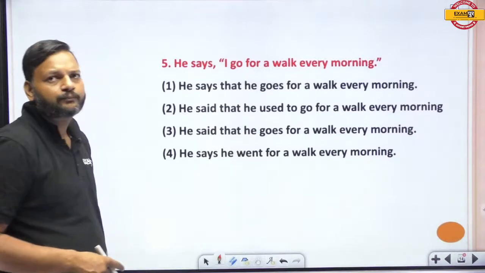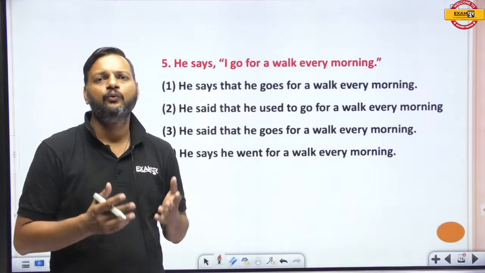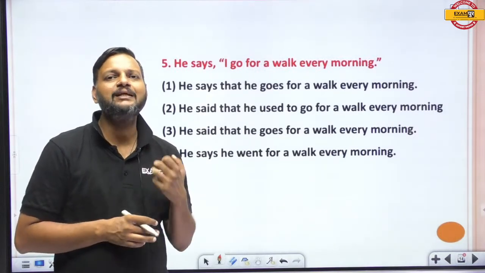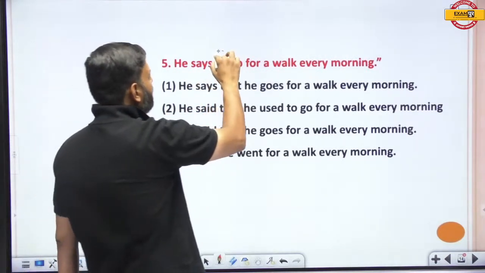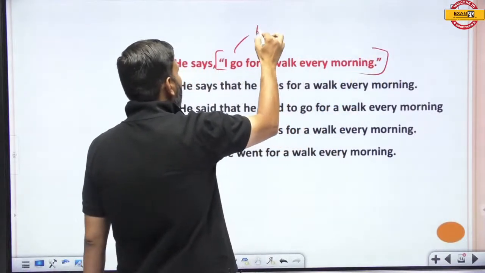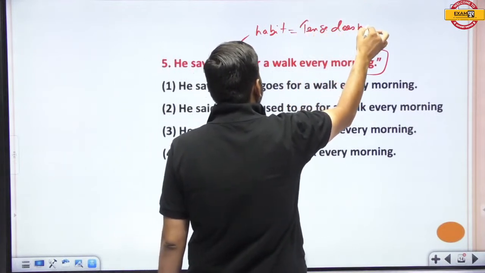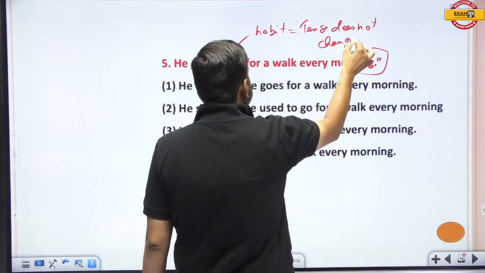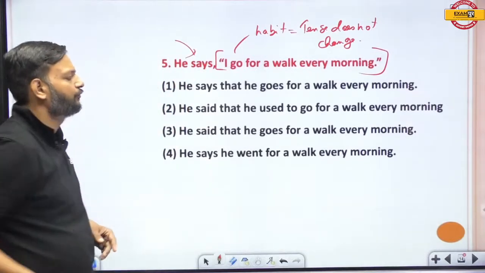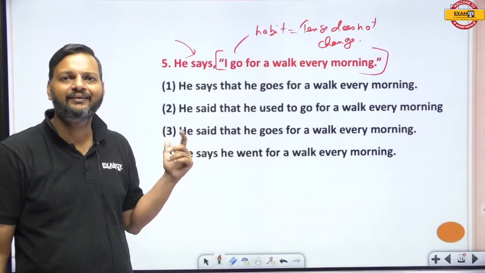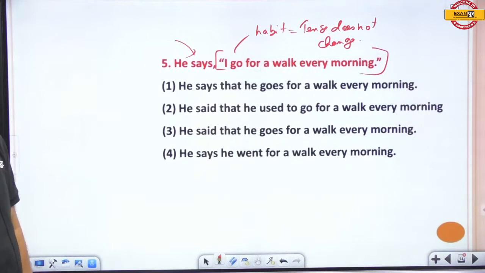So I told you that present indefinite is changed into past indefinite. But if the reported speech is a habit or routine, tense does not change. So I go for a walk every morning, this is a habit and tense does not change. Okay. So he says, and one more thing here, the reporting verb is also present. So there are two reasons that we cannot change the tense of this sentence in indirect sentence. Okay. So he says that he goes for a walk every morning.